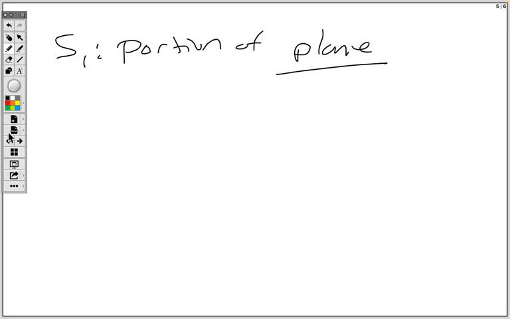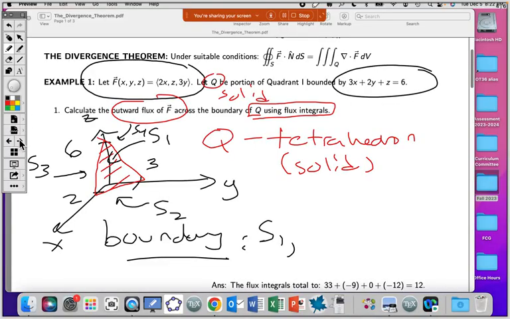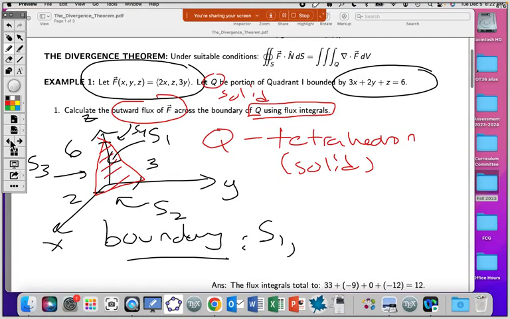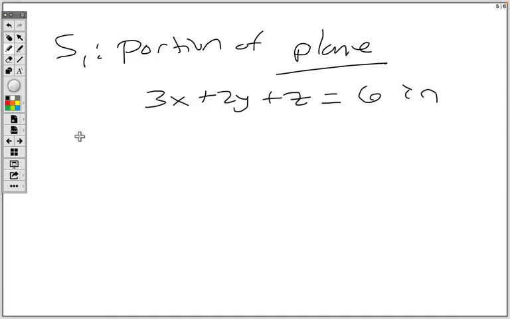So S1 is going to be the portion of the plane 3x plus 2y plus z is 6 in the first octant.